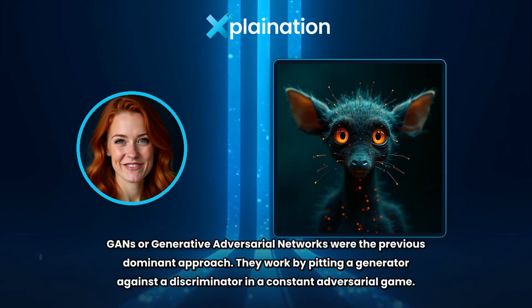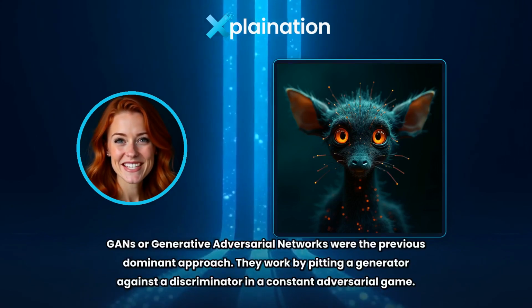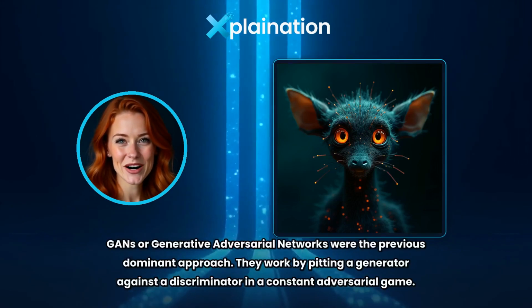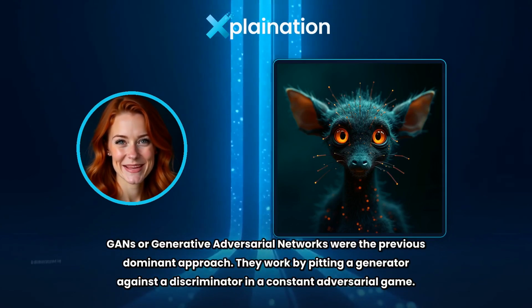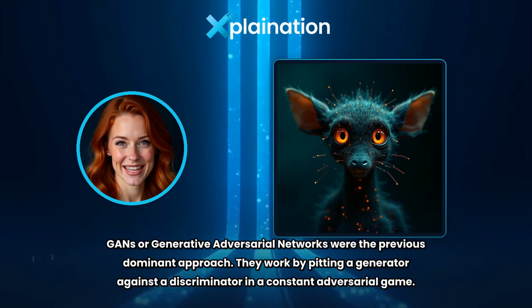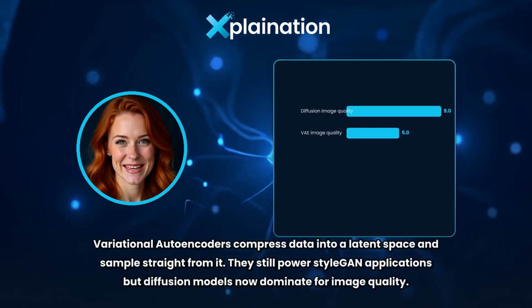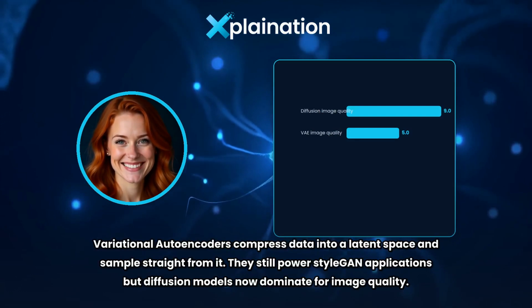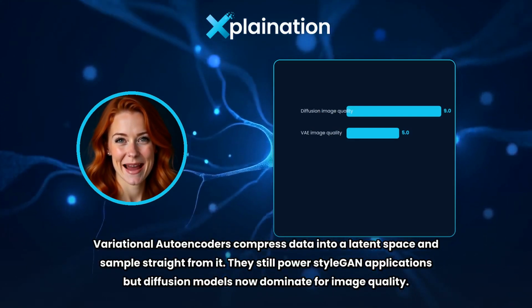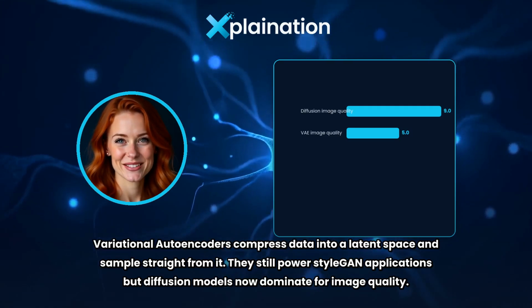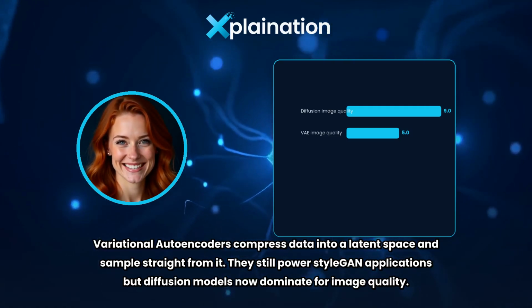GANs, or generative adversarial networks, were the previous dominant approach. They work by pitting a generator against a discriminator in a constant adversarial game. Variational autoencoders compress data into a latent space and sample straight from it. They still power StyleGAN applications, but diffusion models now dominate for image quality.